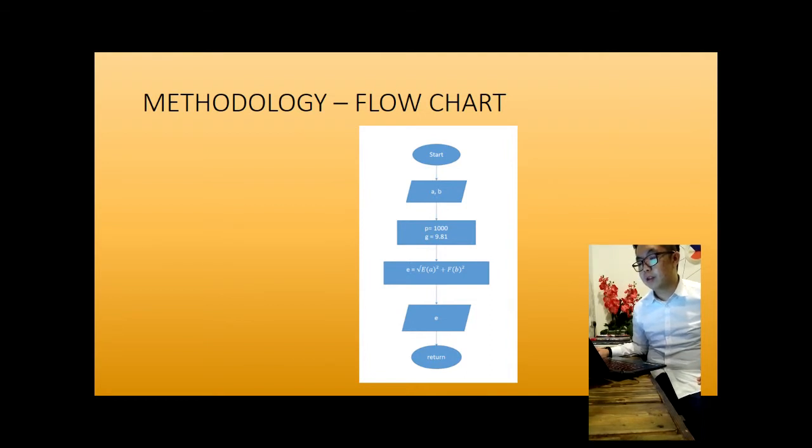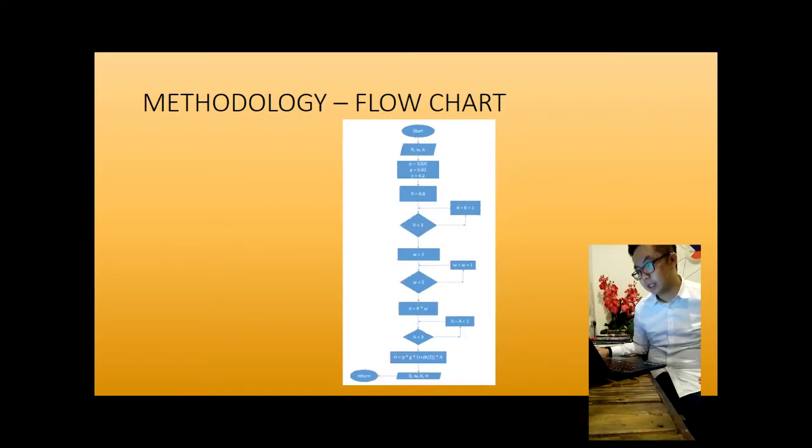When the process has scanned E, we jump to the first sub function to calculate the value of EA.